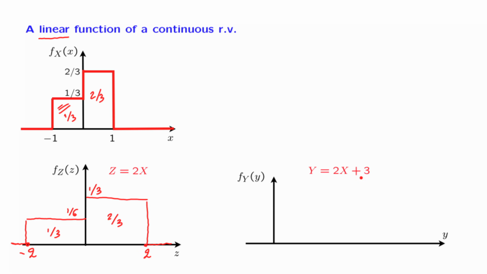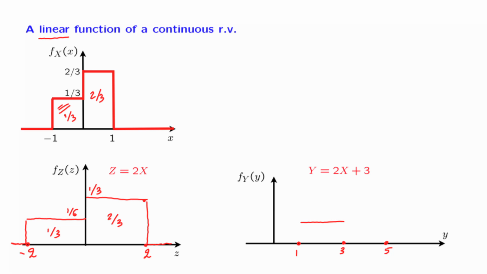If we now add a number, let's say 3, to the random variable z, what is going to happen? The random variable y now will take values from -2 plus 3, this is +1, all the way up to 2 plus 3, which is +5. Values in the range from 1 to 3 correspond to values of z in the range from -2 to 0. These values are all in some sense equally likely, so they should also be equally likely here.